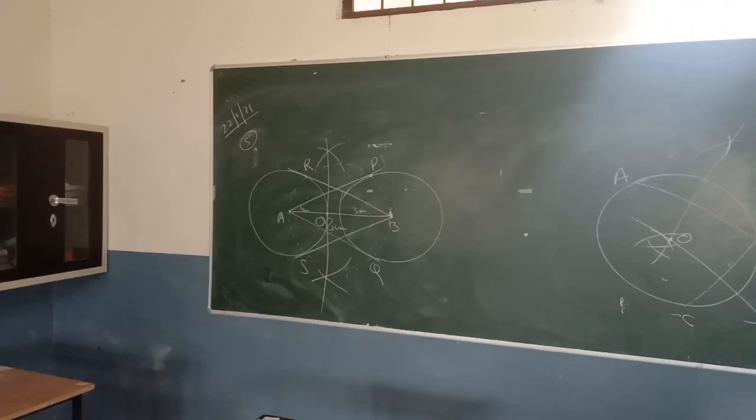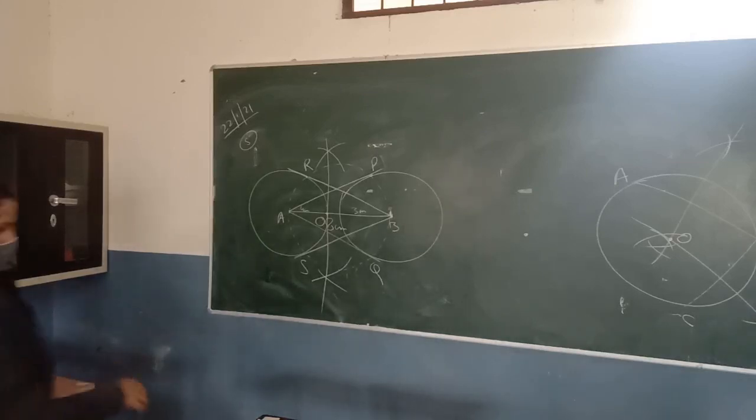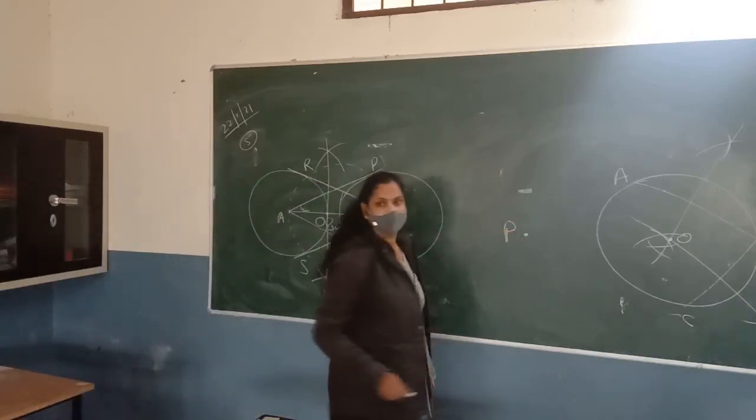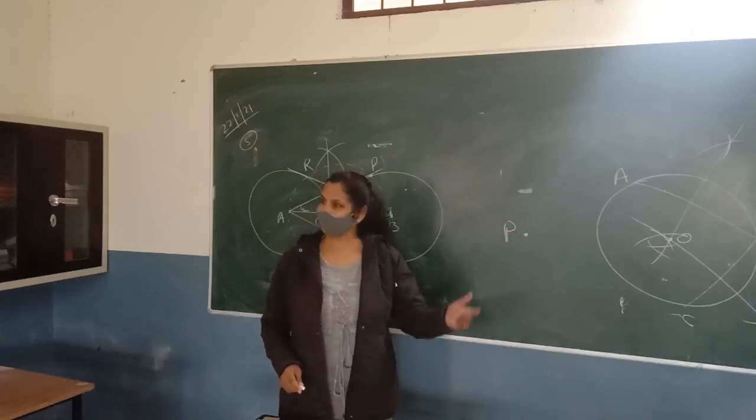Taking another point outside the circle, like here, the point P. Join that point to the center, draw the perpendicular bisector the same way, draw the circle and then draw the tangents. Taking any point outside the circle, like I am taking this point P outside the circle, for making the tangent the method is the same.